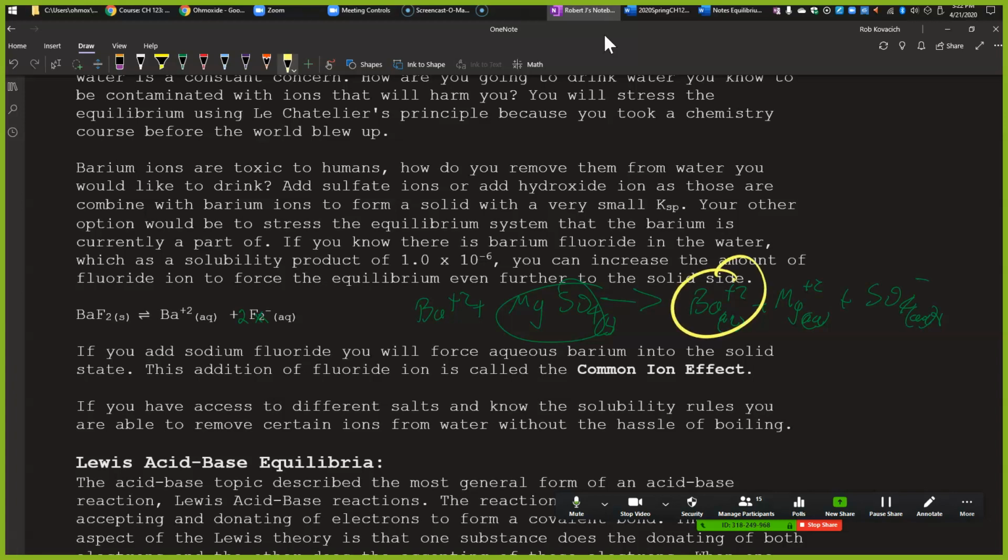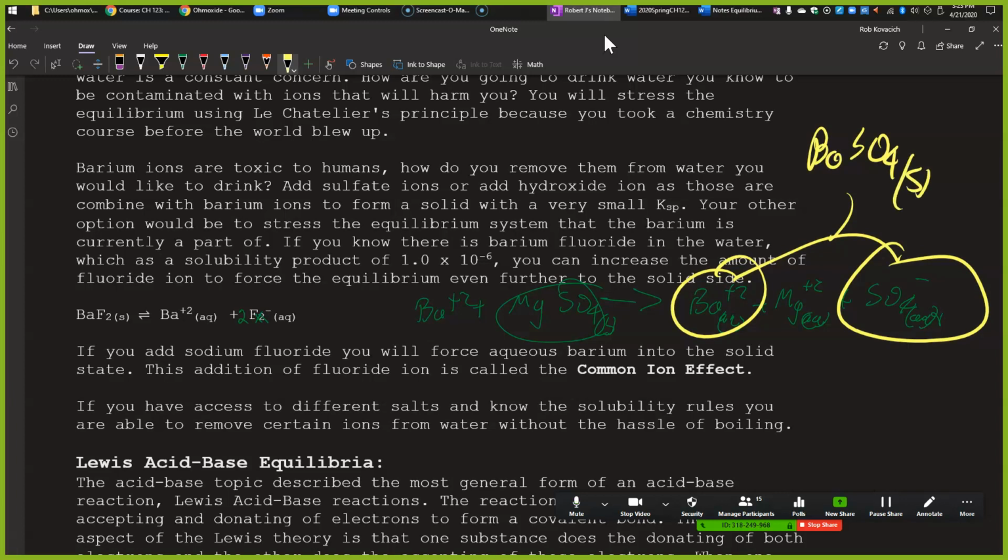And barium and sulfate together make BaSO4, which is a solid. So if you're running around with some Epsom salt, you could dump that into the water before you drink it, and almost all of the metals that will kill you over time will be precipitated out.